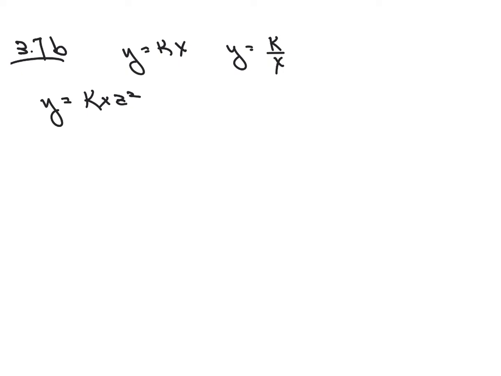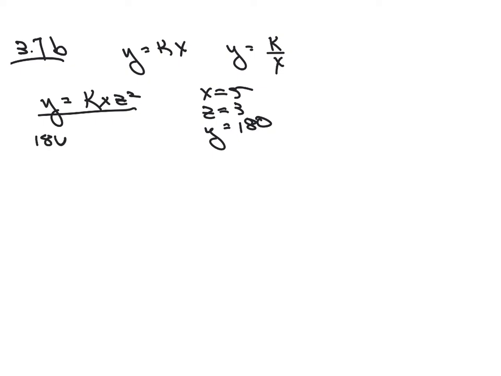Notice my z's have a little line through the middle so that you don't confuse them with the 2. Okay, that's my equation. When x is 5, remember we're finding k first, z is 3, y is 180.